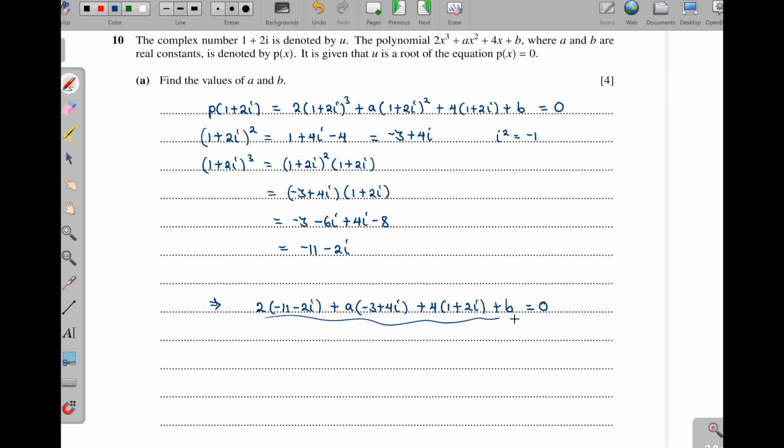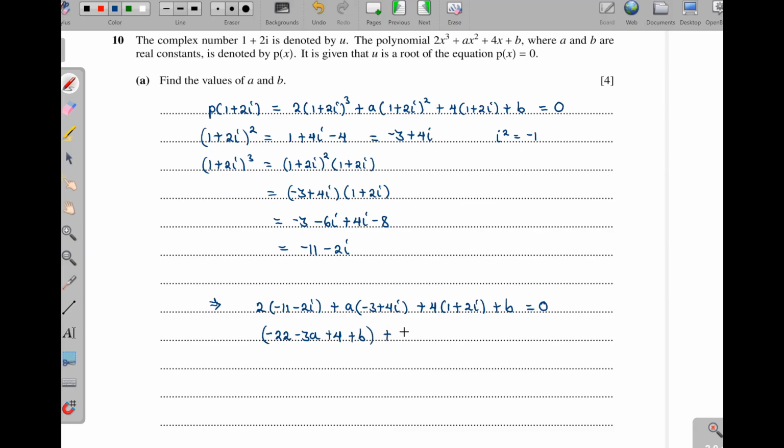Now we need to separate the real parts from the imaginary parts. Here we shall have 2 times negative 11, which is negative 22. Then a times negative 3, that will be negative 3a. Then we have 4 here, and also this b, which we are adding.